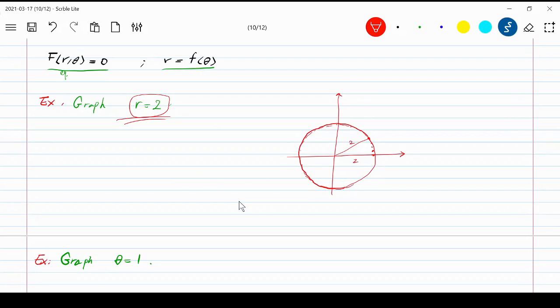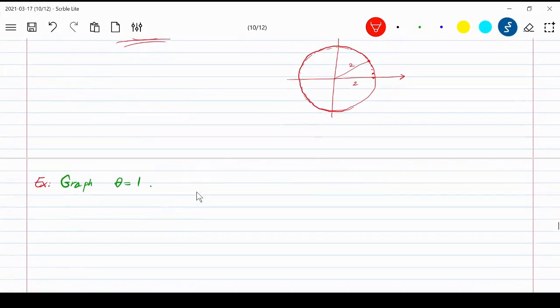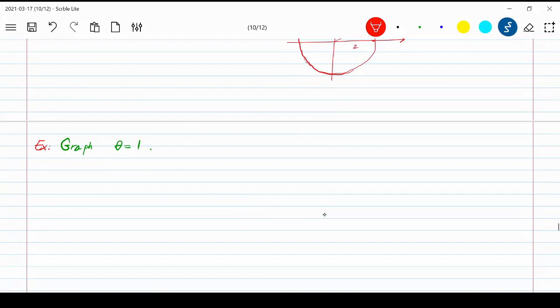On the other side, what if theta is fixed and you don't have any information about the radius? There is no restriction. Let's say theta equals 1. By the way, this 1 is in radians, 1 radian. It's not degrees, and it's not simply the integer 1. This is 1 radian.